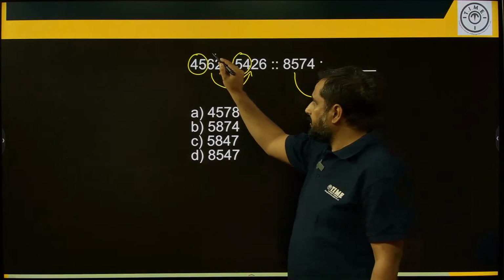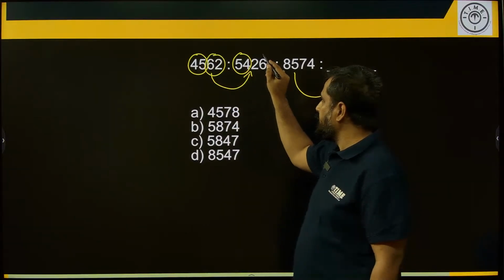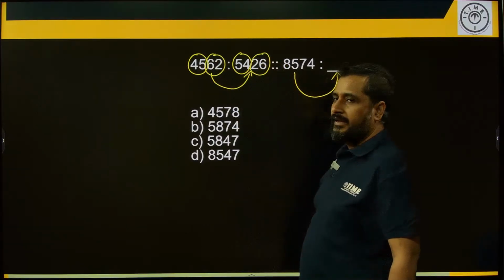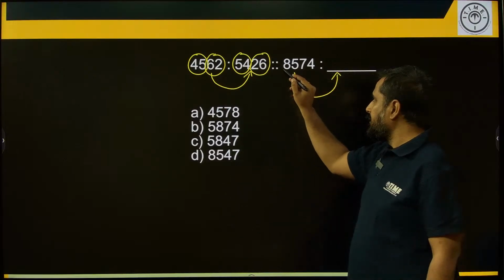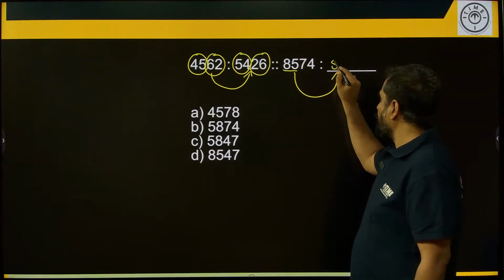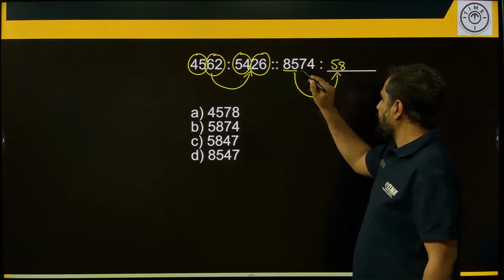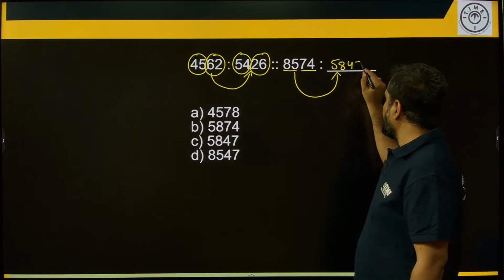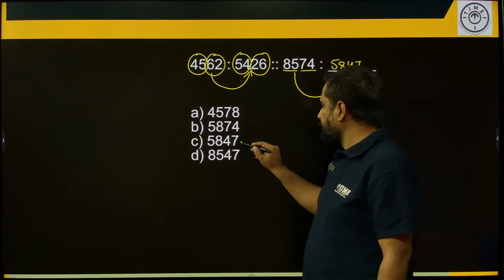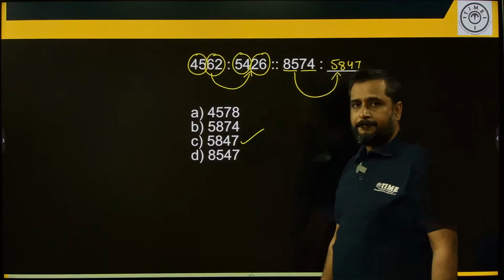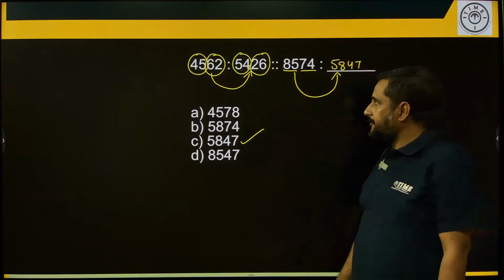Similarly, in the second set, 62 gets interchanged and becomes 26. Interchanging of digits. Now, if the same thing happens here, 85 will become 58, and 74 will become 47. So 5847 is the required one. That's in choice C. Clear? Right. Let's move to the next question.